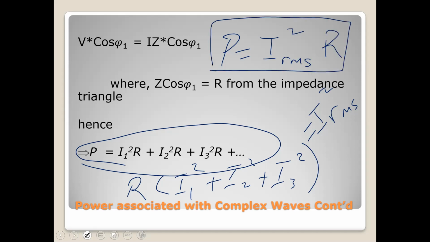So just as we had established when we were looking at AC circuits, that the active power is dissipated in the resistive part of the circuit, it is shown to be true also for a complex waveform. Any questions?